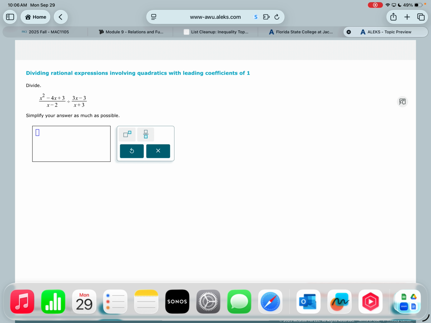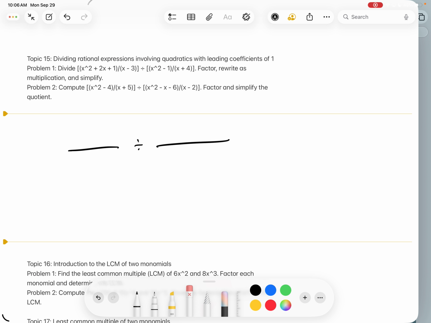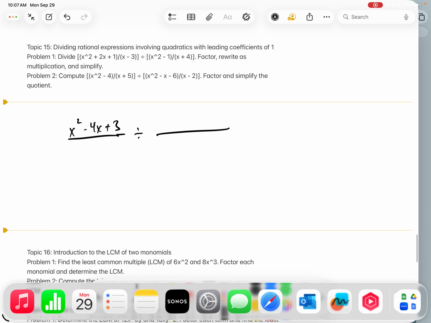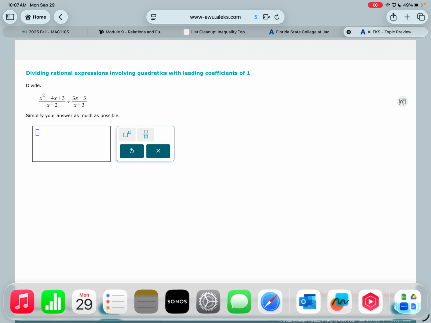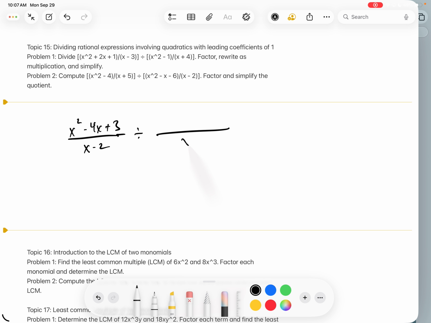x squared minus 4x plus 3. x minus 2, x plus 3. 3x minus 3.